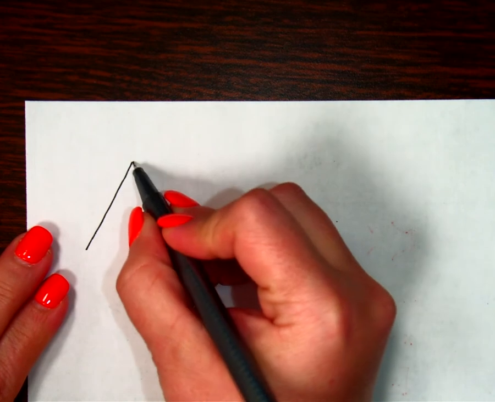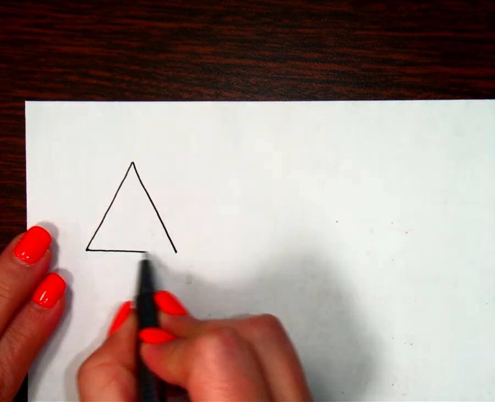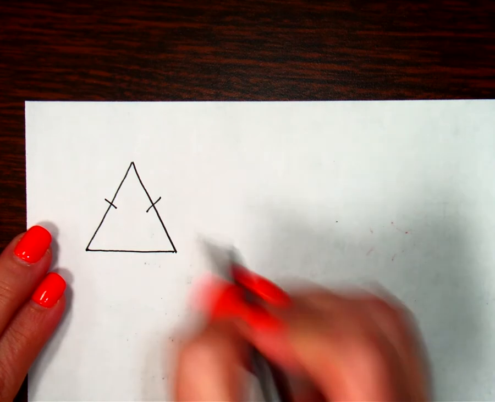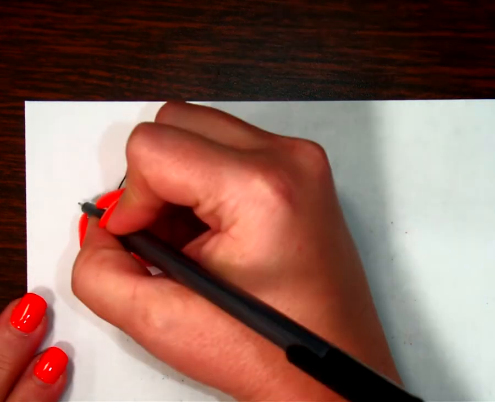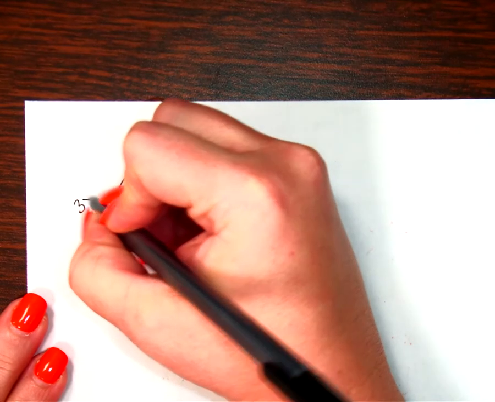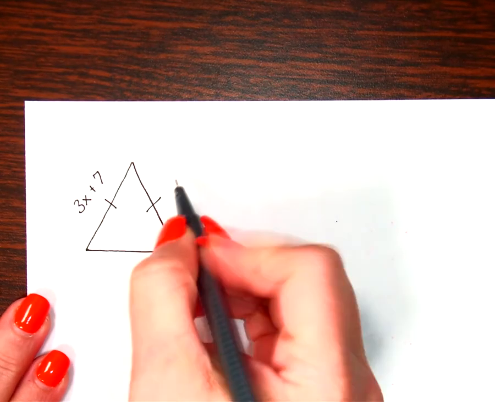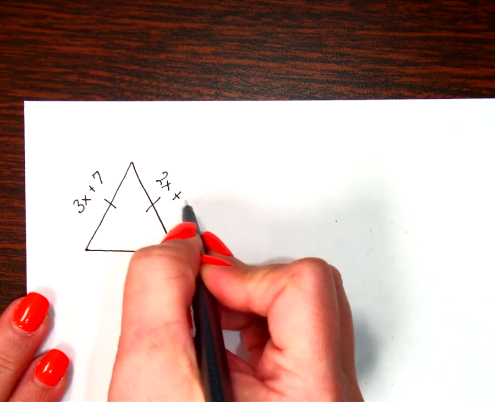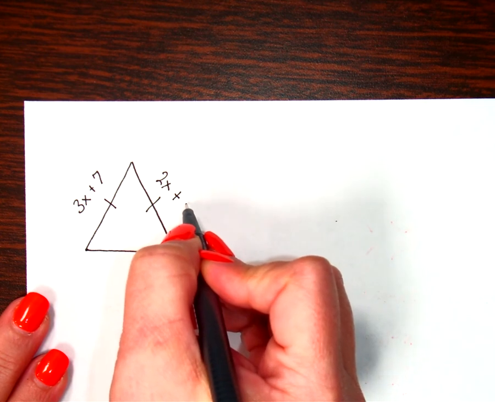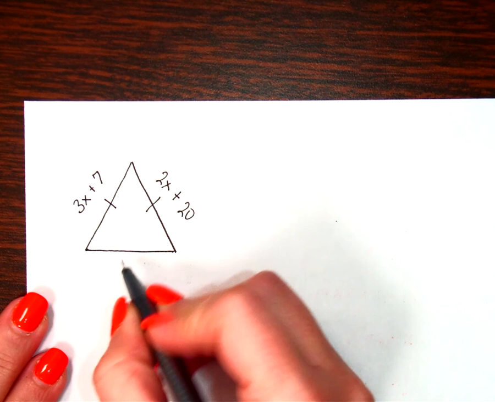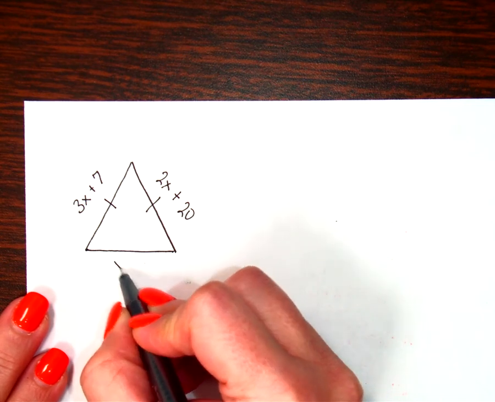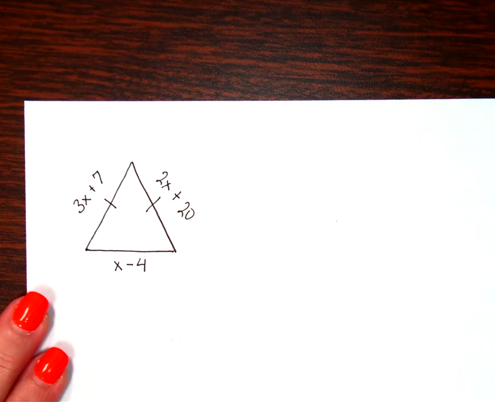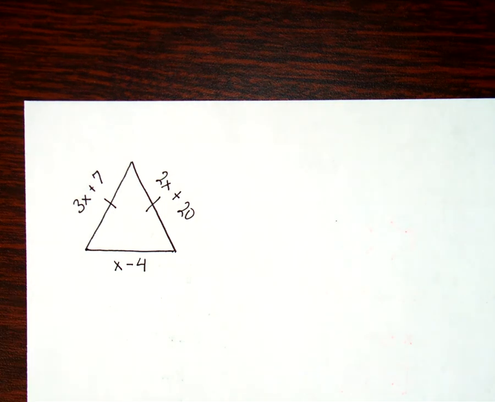One real common mistake that I see a lot, I'm going to write it on the back of this page so you can see what I'm talking about, is I'll see a lot of people who see something like this, an isosceles triangle, and they'll have 3x plus 7, and then 2x plus 20, and then x minus 4.